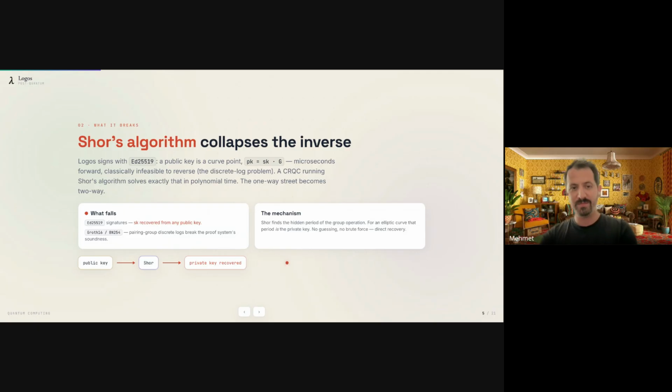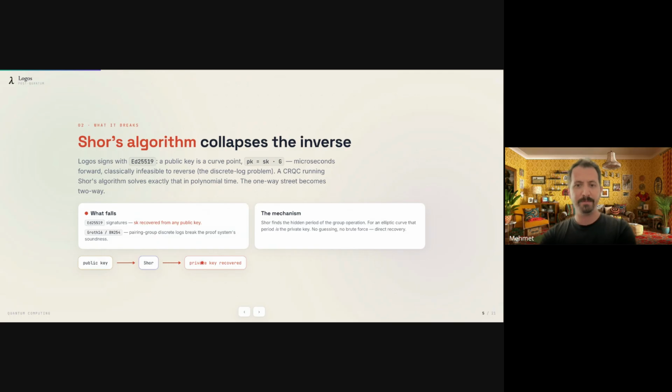Also, if they see the signatures, not just the public key, they can recover the secret key using Shor's algorithm and the quantum computer.